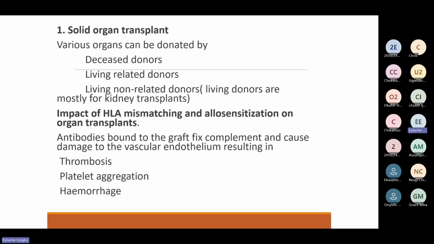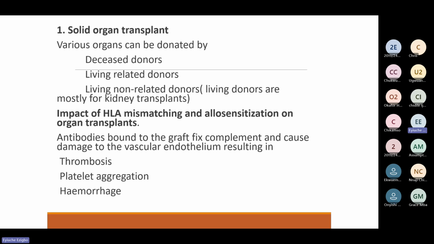These antibodies can fix complement. When complement is fixed, the coagulation pathway can be initiated, and when it has been initiated, we have what we call thrombosis.